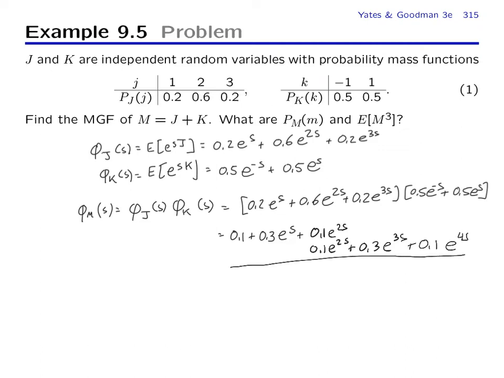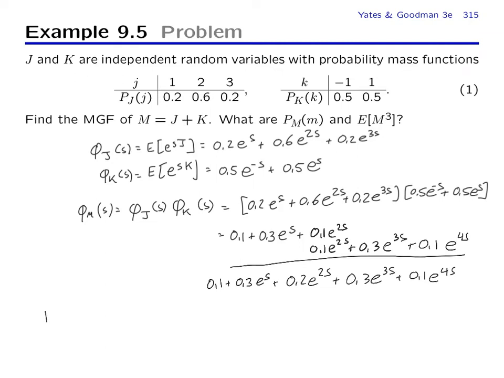And you combine all of these, and you get 0.1 plus 0.3 e to the s plus 0.2 e to the 2s plus 0.3 e to the 3s plus 0.1 e to the 4s. And from this MGF, you can simply read off the PMF of M.